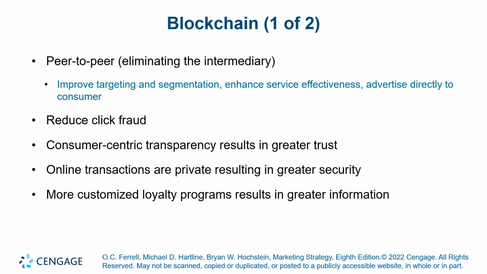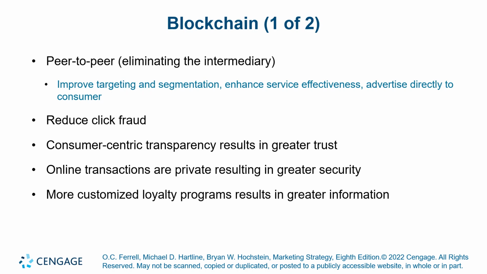Blockchain. Let's talk about blockchain. What is a blockchain? This technology can enable peer-to-peer transactions. Digital coins, digital currencies can be traded, and the transaction record is stored on many different computers.